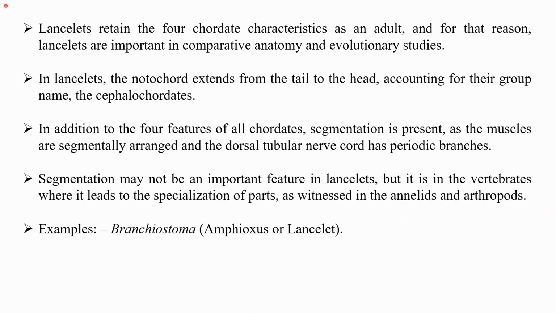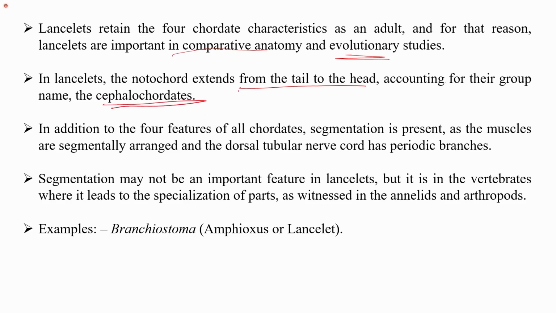Lancelets retain the four chordate characteristics as adults, and therefore they are very important in comparative anatomy and evolutionary studies. In lancelets, the notochord extends from the tail to the head, accounting for their group name, the cephalochordates.